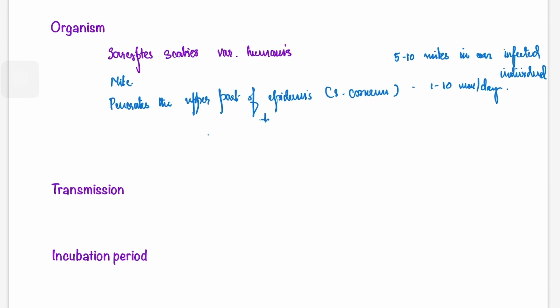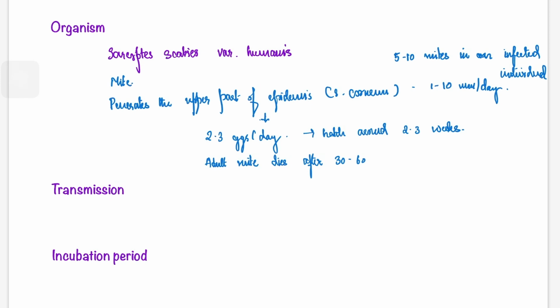After penetrating the stratum corneum, it lays around 2 to 3 eggs per day, and these eggs hatch in around 2 to 3 weeks. And the adult mite dies after 30 to 60 days.